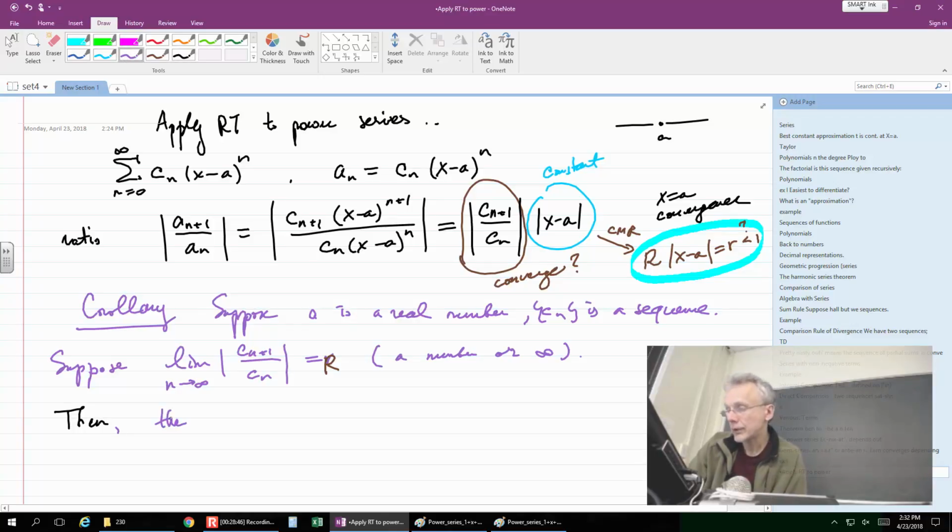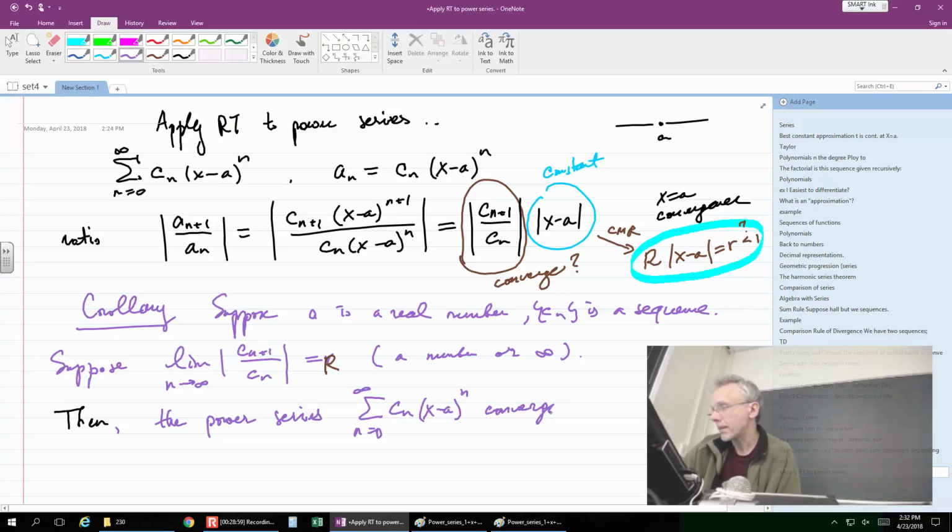The power series, the sum of C n times x minus A to the nth power, converges absolutely. Now we're using slightly different language. Rather than saying it converges for each x that satisfies the inequality, I'll say that it converges on a certain set.